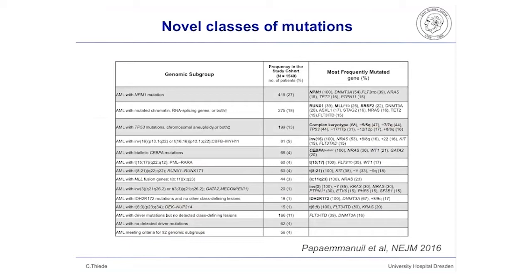Using next-generation sequencing-based typing of patients with AML, you can already identify a number of individual subgroups which are clearly represented by individual mutations, as shown on this side of the table, like nucleophosmin-1, NPM1, CEBPA-alpha, but also much rarer alterations like the IDH2 arginine 172 mutation.